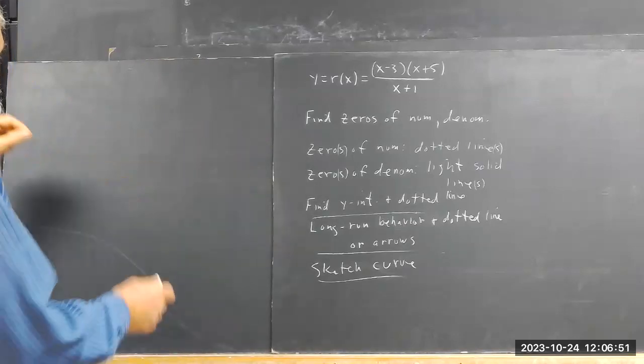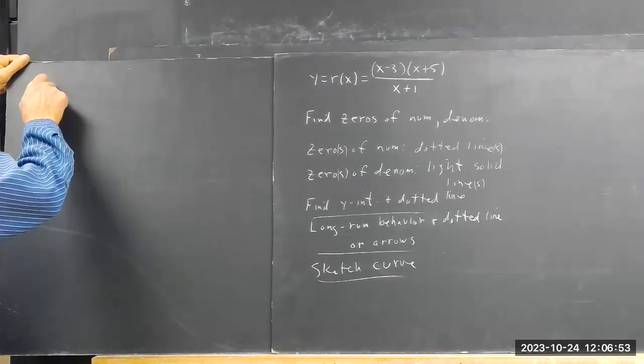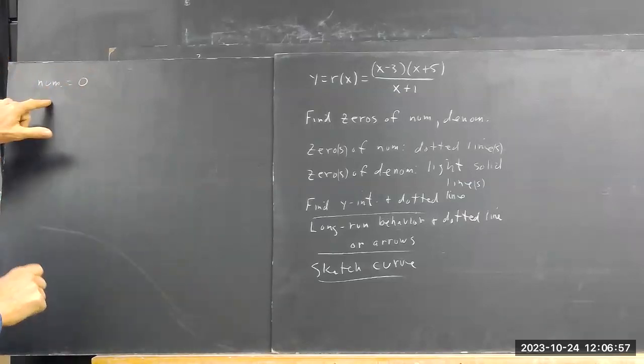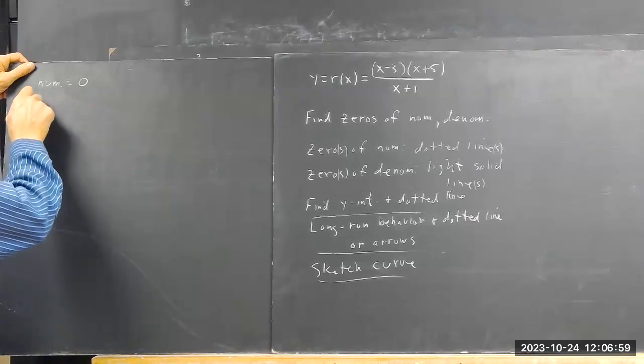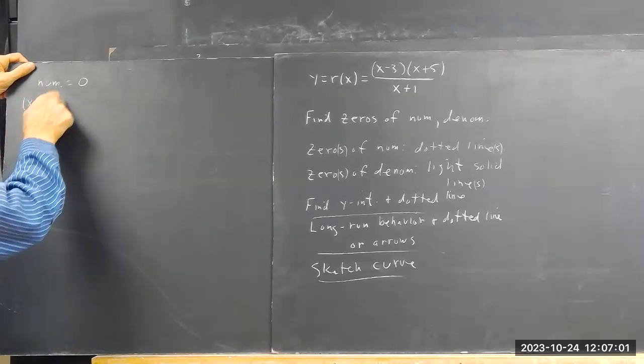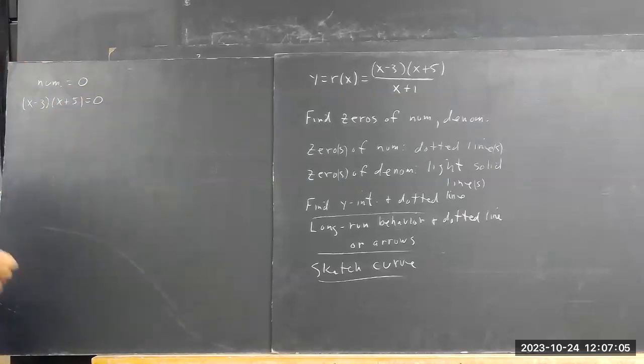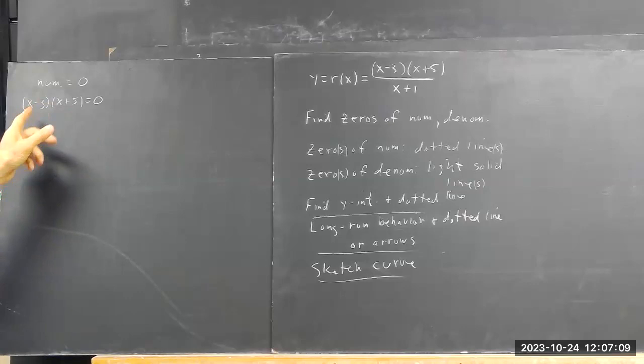The zeros of the numerator and denominator. The numerator equals 0 if x minus 3 times x plus 5 equals 0. Now I know that you can do this just by looking at it, and you know that x could be 3 or x could be -5.